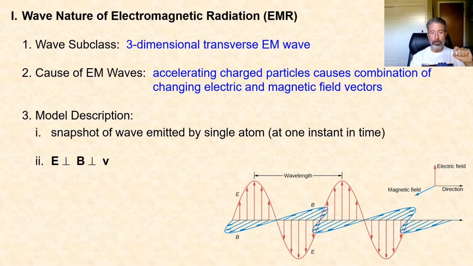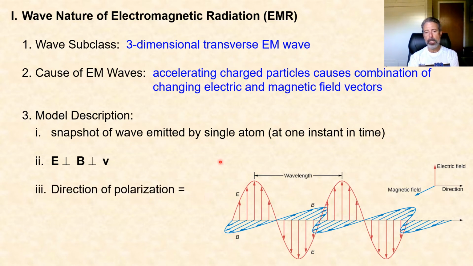When you look at the blue vectors, these represent the magnetic field vectors of the electromagnetic wave. And you'll notice this changing pattern in the magnetic field vectors follows a sinusoidal wave pattern. And then, of course, we have the direction of propagation. Notice that at all points, the electric field is perpendicular to the magnetic field, which is perpendicular to the direction in which the wave and thus energy travel.